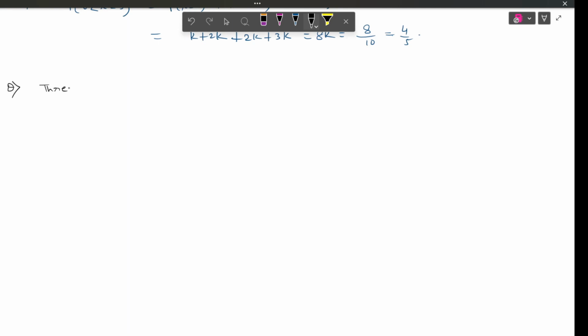Three cards are drawn from a pack of 52 playing cards.